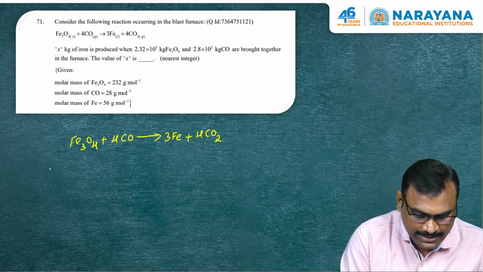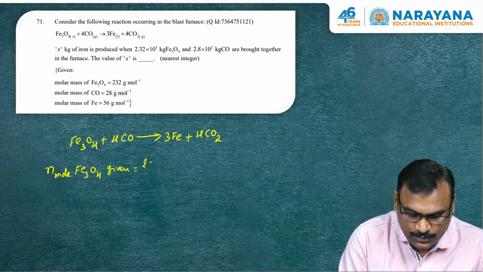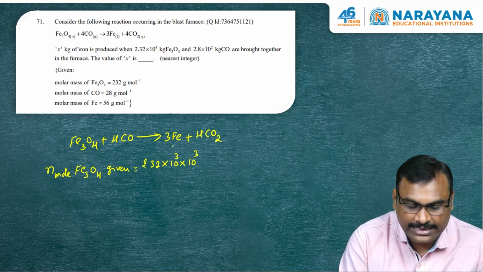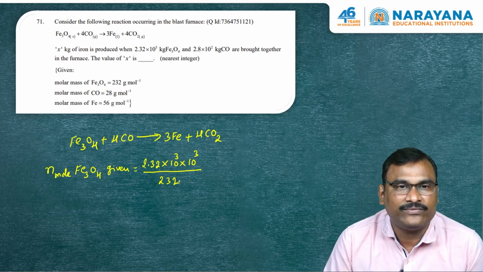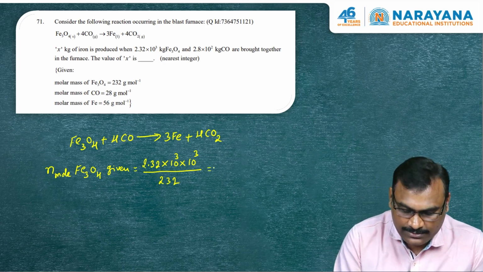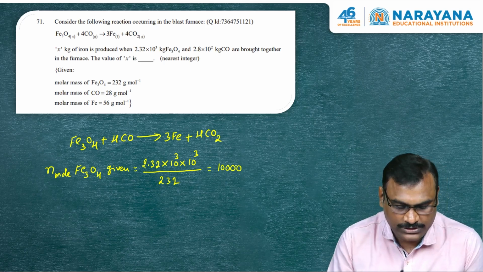Now let us see the number of moles of Fe3O4 given. That is 2.32 into 10 to the power of 3 into 10 to the power of 3, because given in kgs, divided by 232, since the molecular weight of Fe3O4 is 232, that is 10,000 moles.